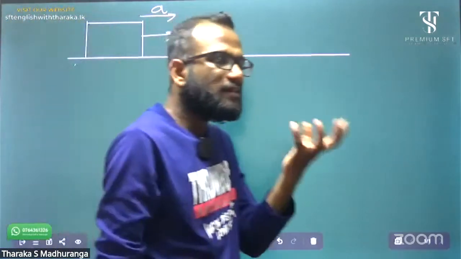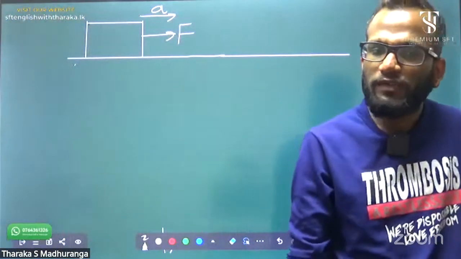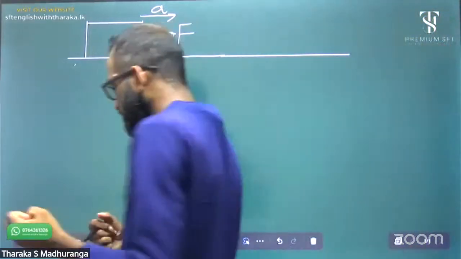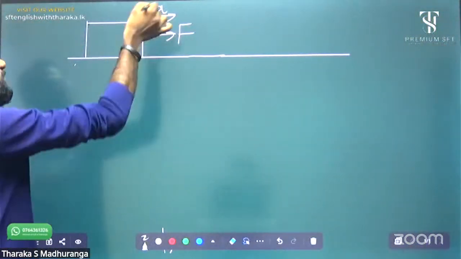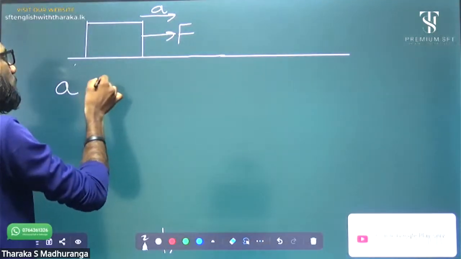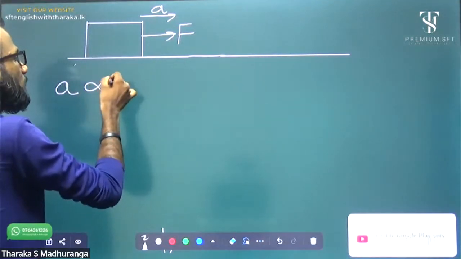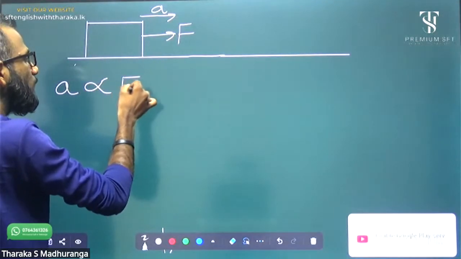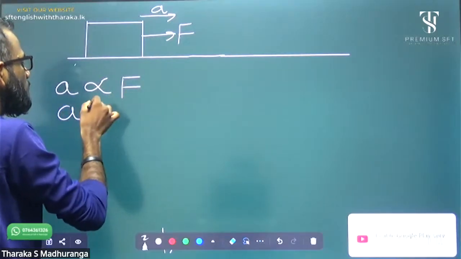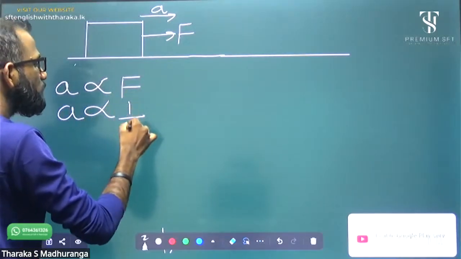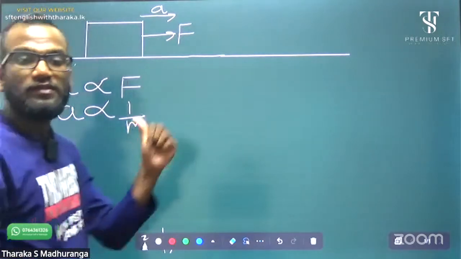If any object has an unbalanced or resultant force, the object accelerates. This acceleration is directly proportional to the unbalanced force and inversely proportional to the mass of the object. This is Newton's second law.